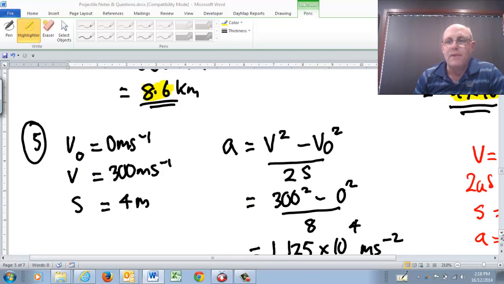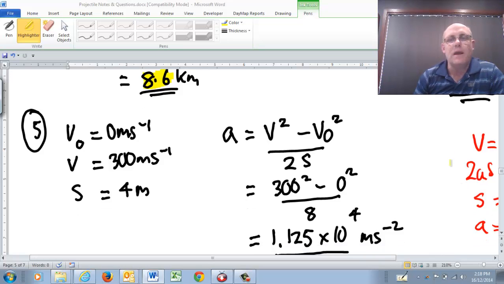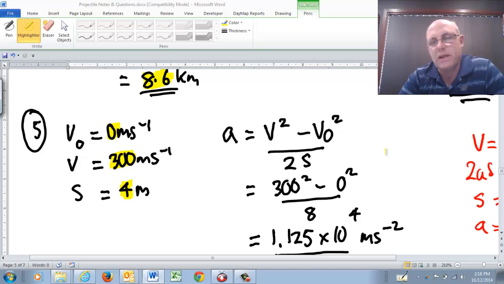Now, obviously the acceleration of the shell. We know this thing accelerates over a distance of 4 meters, its initial velocity when it's fired is 0, its final velocity when it exits the barrel is 300, and it's got 4 meters to accelerate. So using the acceleration formula which we did in year 11, you've got a few options, but this one gives you the right answer because we've got the distance in there: 2as equals v squared take v0 squared.